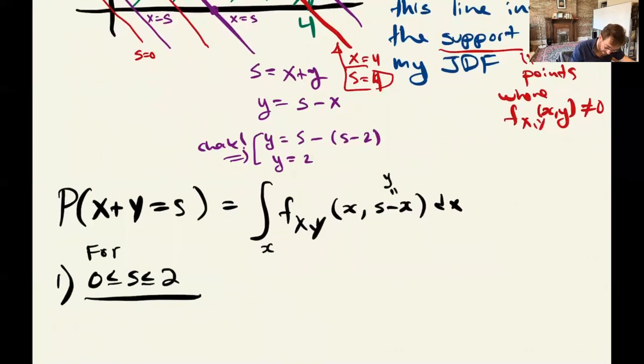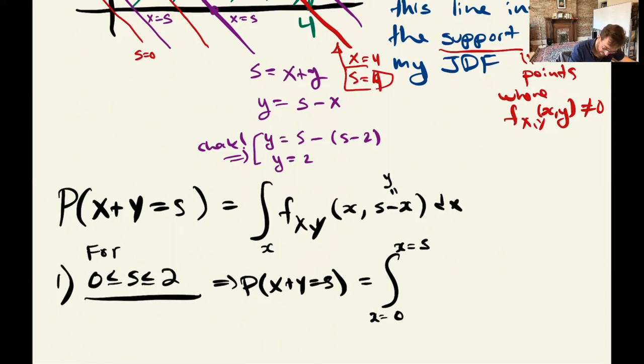So what does that look like? So the probability that x plus y equals s is the integral from x equals 0 to x equals s of 1/8 dx.